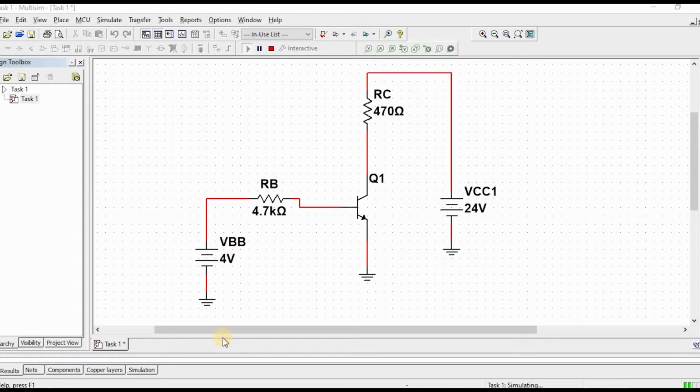We look at the simulation part. So what we have to determine is the IC value, IB value, and the IE value. To determine that, we must use the ammeter.